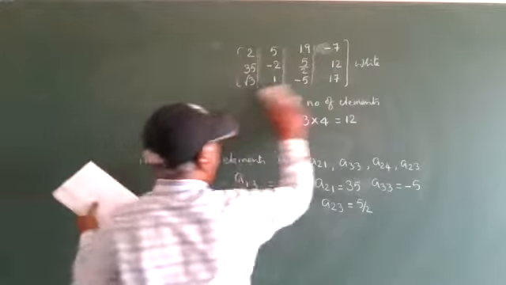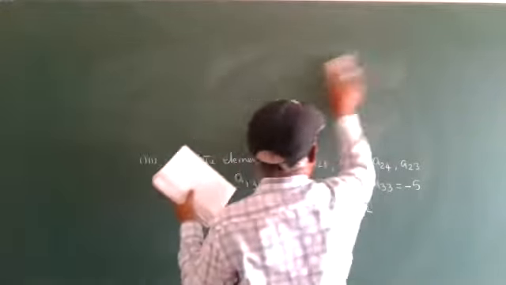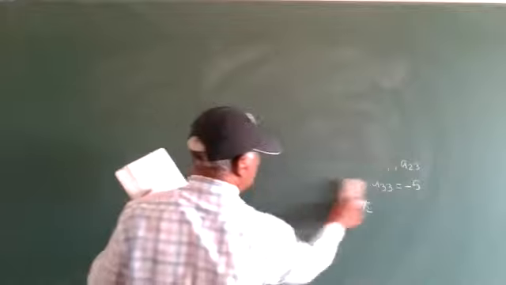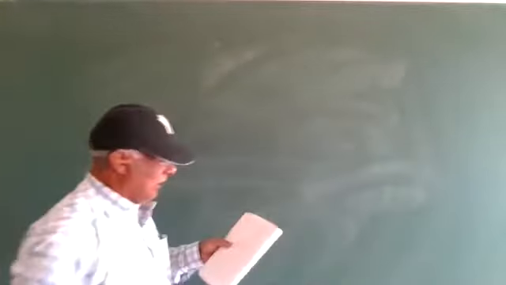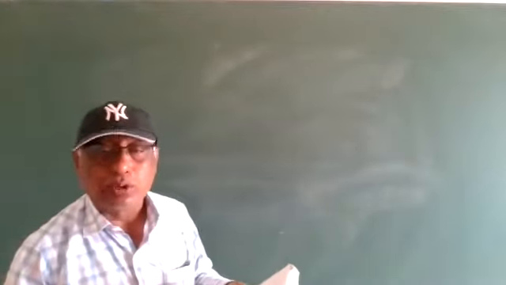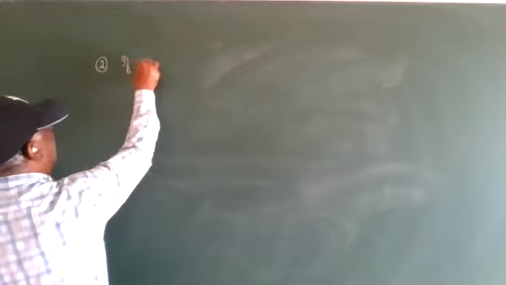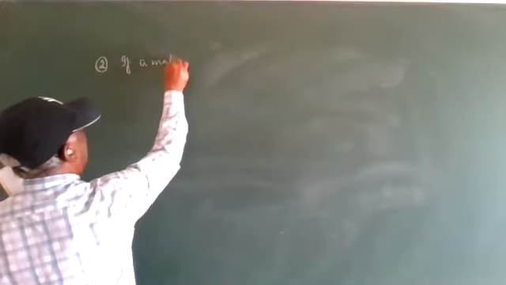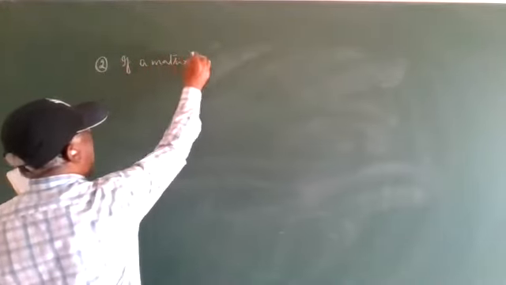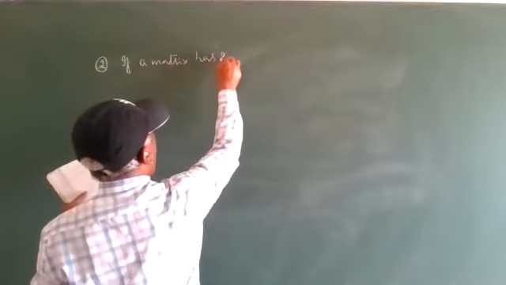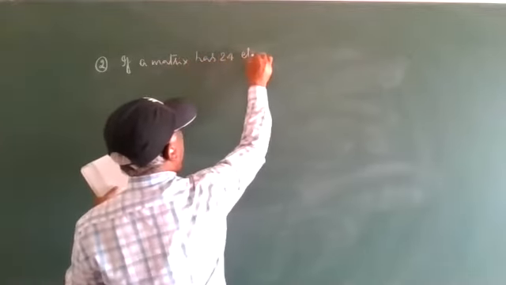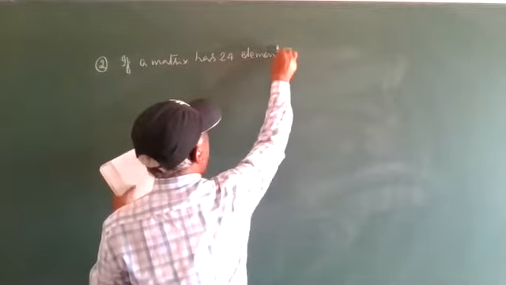Everyone observe the second problem. If a matrix has 24 elements, the order is multiplied.